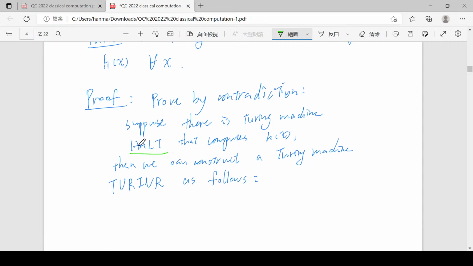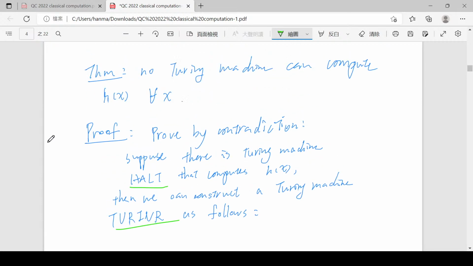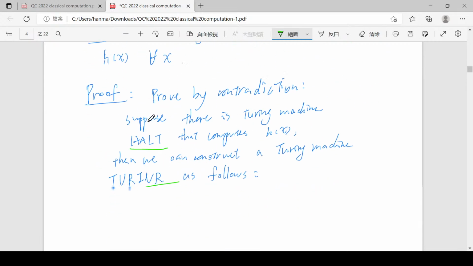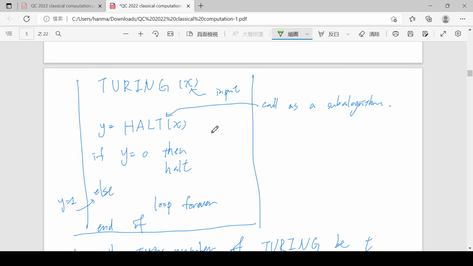We assume this exists, then we construct a very contradictory machine that we just call Turing. So there are two machines. Halt should compute h of x, and there is this Turing that is basically halt, but you flip it around like this. We didn't exactly describe this as a Turing machine because it's very unwieldy, so we describe this in pseudocode.